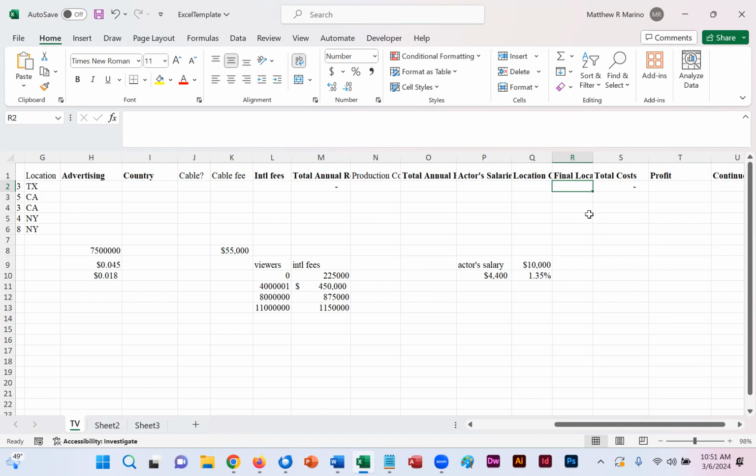Wait, how did you type the 1.35 percentage? I just typed it in like that, 1.35, and then did shift 5 for the percentage. It gives me 1%, and I'll do that.